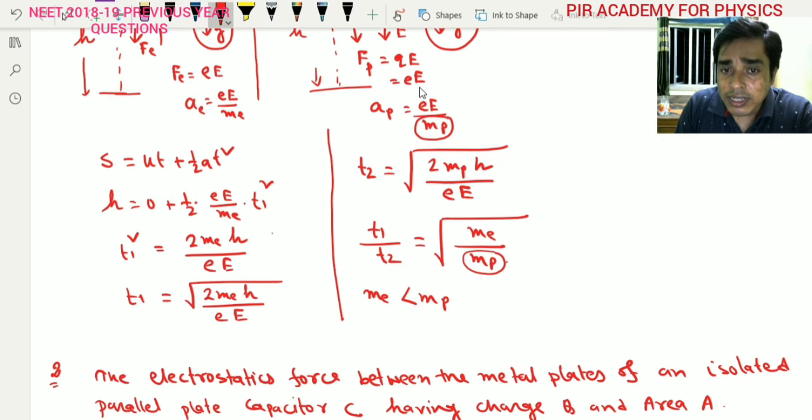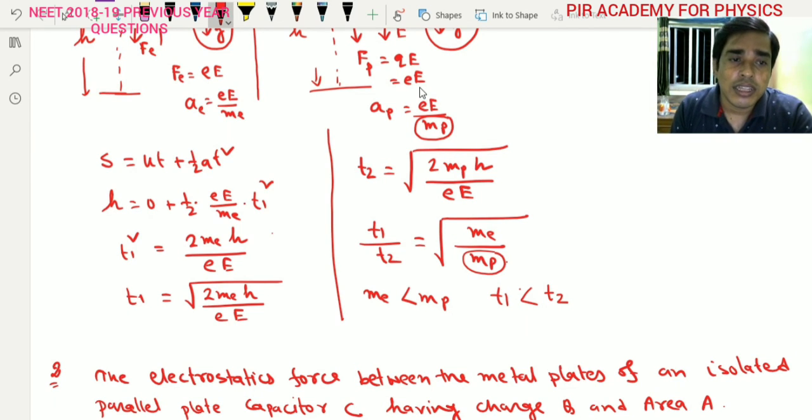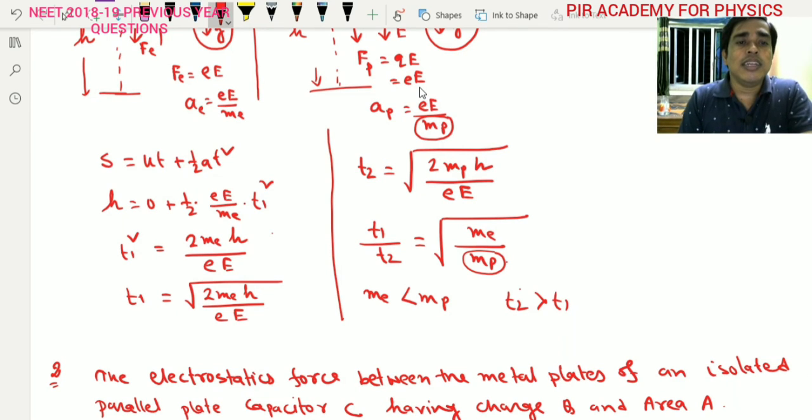So T1 is less than T2. T is proportional to the root of the mass, and the mass of electron is less than the mass of proton.